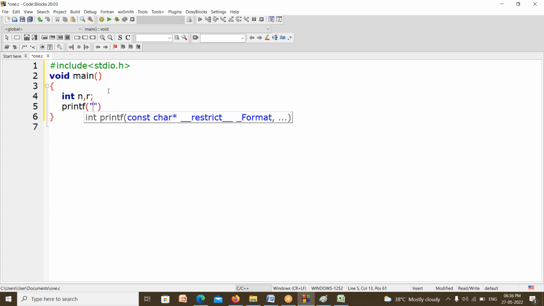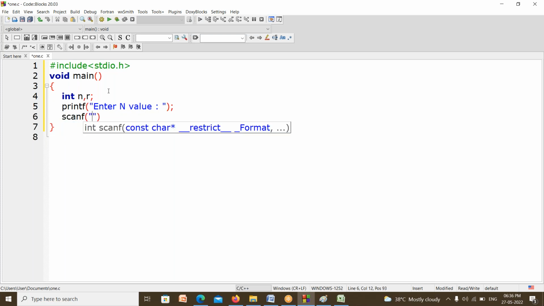First of all, you have to read the n value, then we can find the sum of n natural numbers. So enter n value. Shagil Khan, can you tell me how to read the n value? To read the data, which statement do I have? Good. scanf("%d", &n), sir. Good. Super.